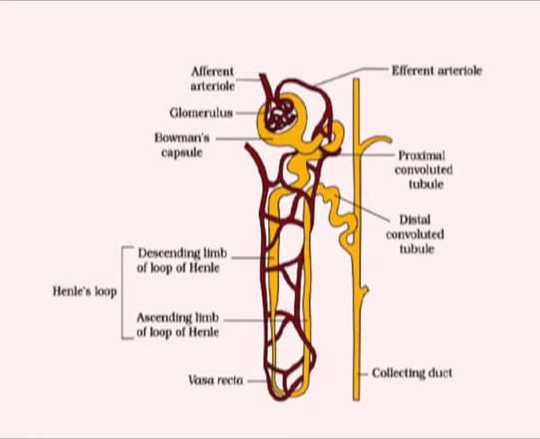The thick ascending limb of the loop of Henle is impermeable to water but permeable to salt and reaches the glomerulus of the nephron, from which the tubule arises, and passes close to its afferent arteriole and efferent arteriole.